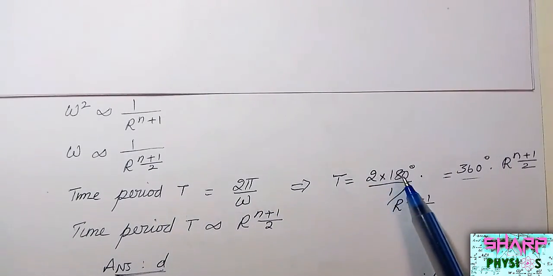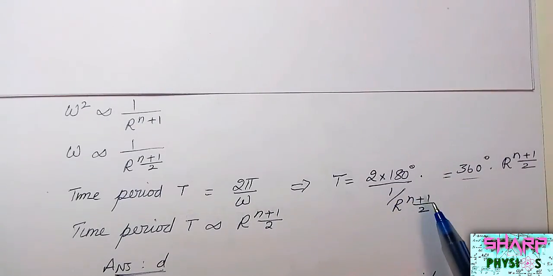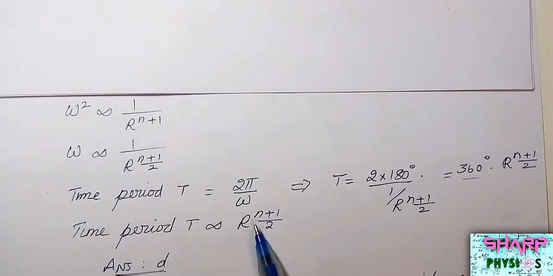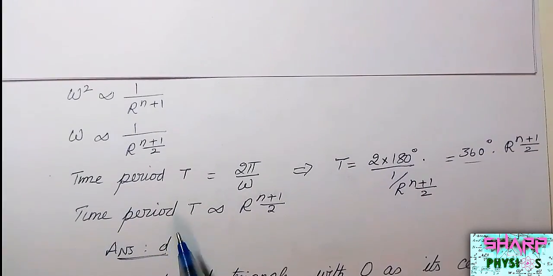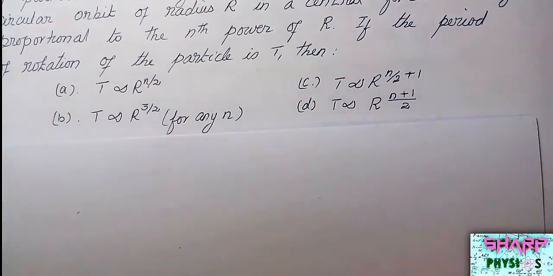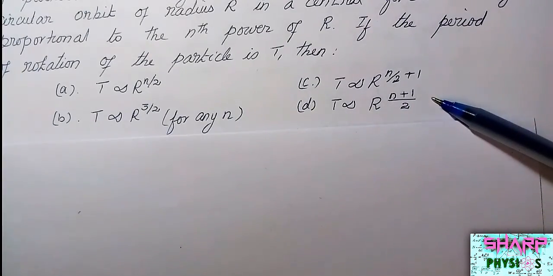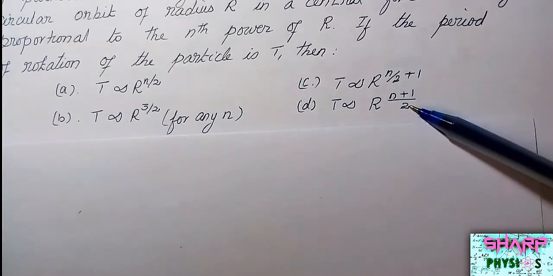So T is proportional to r^((n+1)/2), giving a full rotation. So time period T is directly proportional to r^((n+1)/2). So the answer is D.